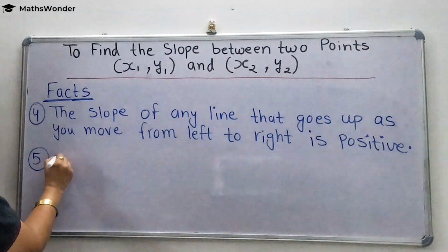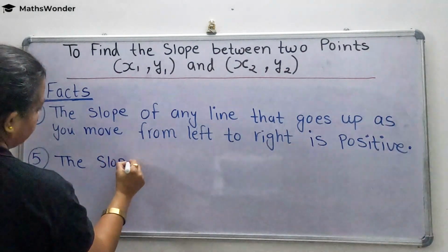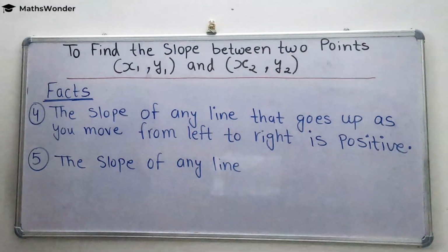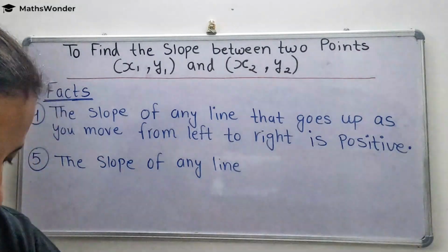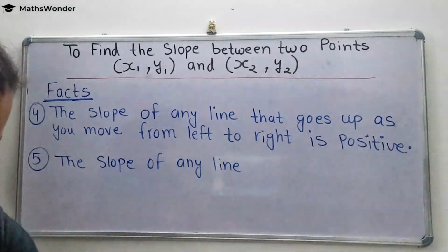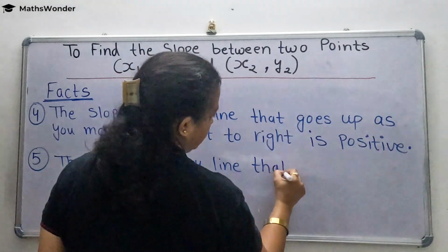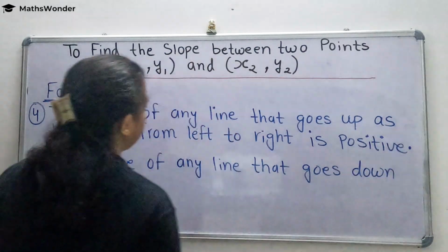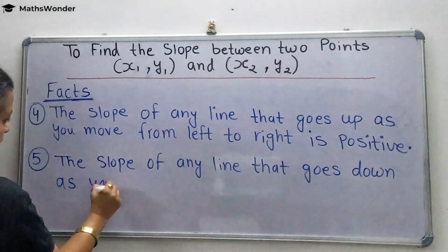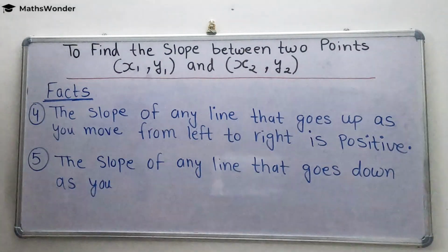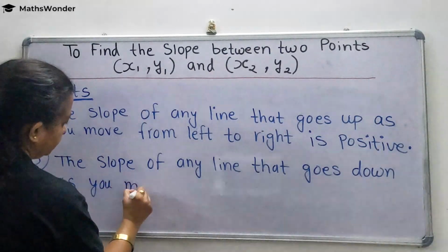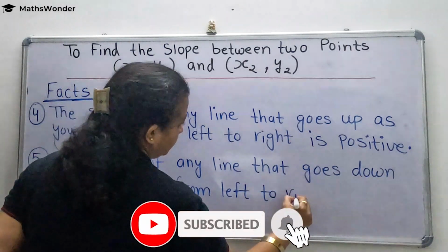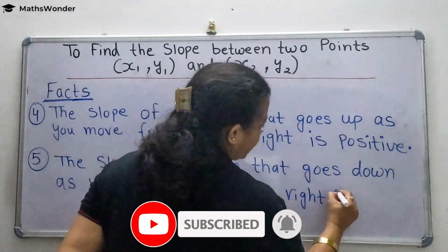The slope of any line that goes down as you move from left to right is negative.